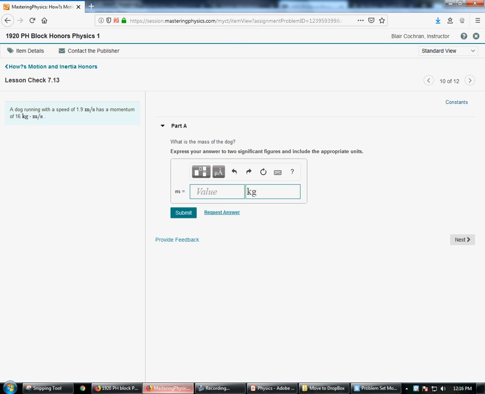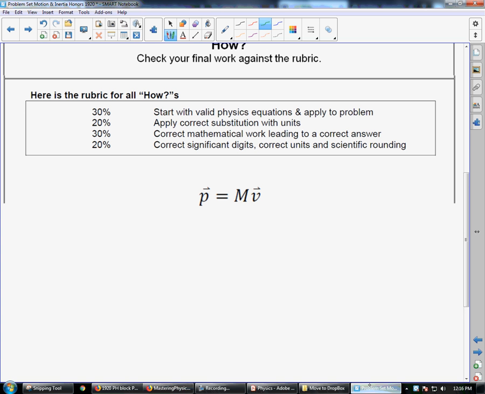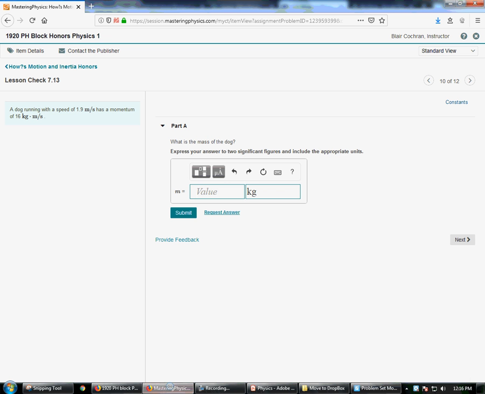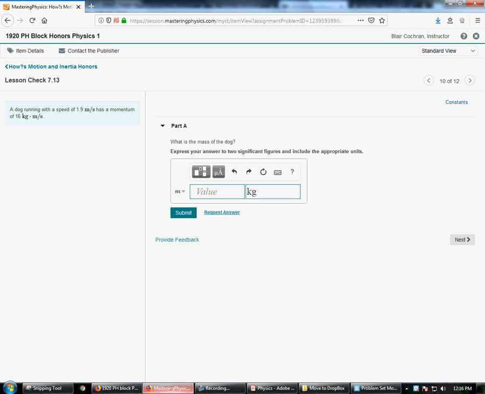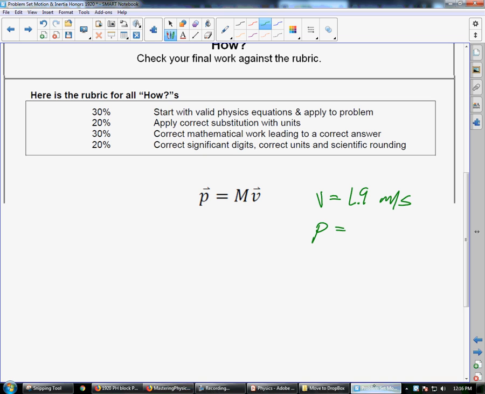So what they've told me here is that the velocity is 1.9 meters per second, and that the momentum is 16 kilogram meters per second.